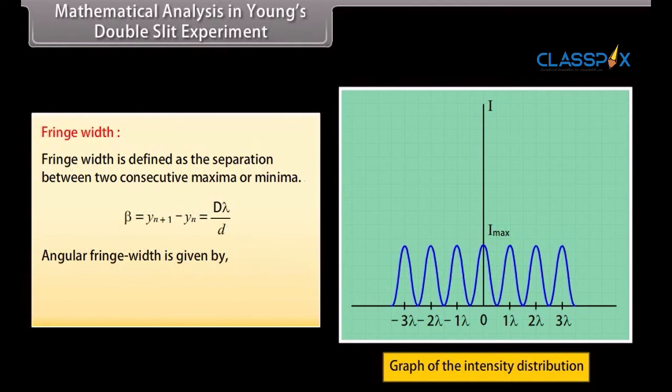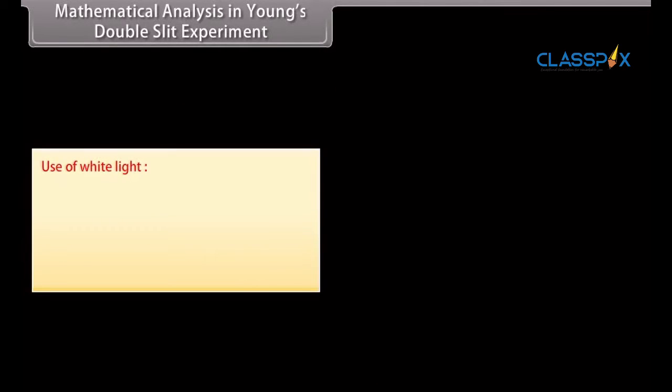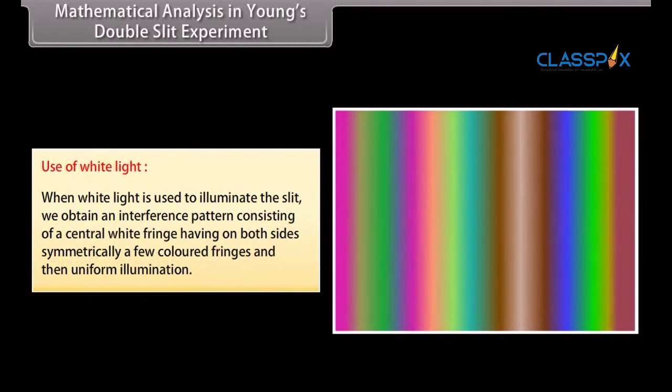Angular fringe width is given by beta upon capital D, which is equal to lambda upon small d. Use of white light. When white light is used to illuminate the slit, we obtain an interference pattern consisting of a central white fringe having on both sides symmetrically a few colored fringes and then uniform illumination.